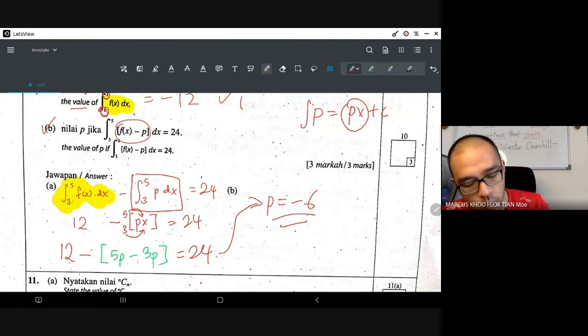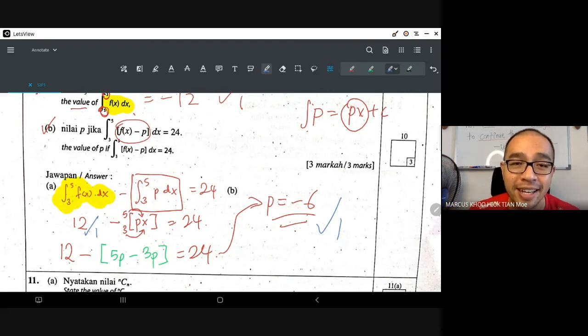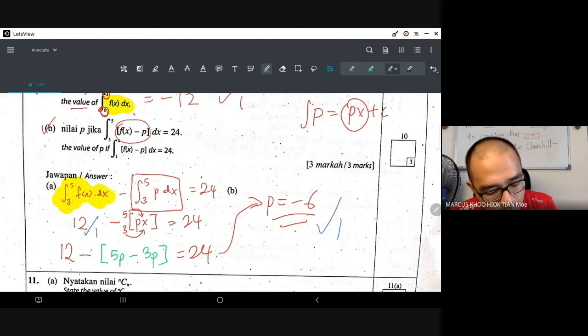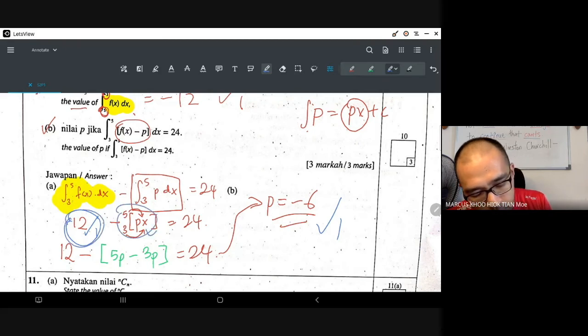So where is the mark coming from? This is 1 mark, menggantikan ini 1 mark, and then of course the final mark is just 1 mark, because everything else is this one. Either this atau ini, you integrate correctly, kamu akan dapat 1 markah.